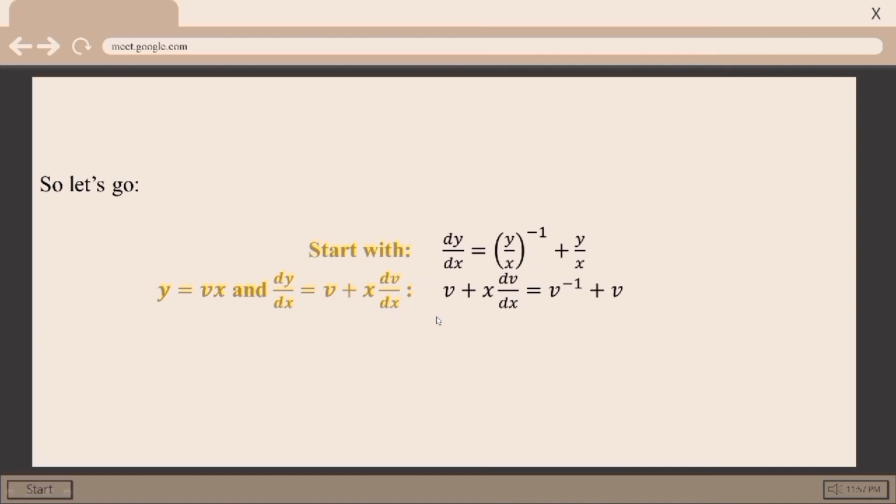So we have come up with v plus x dv over dx, and this will become v raised to the power of negative 1 plus v. So subtract v from both sides. We will get x dv over dx equals v raised to the power of negative 1.